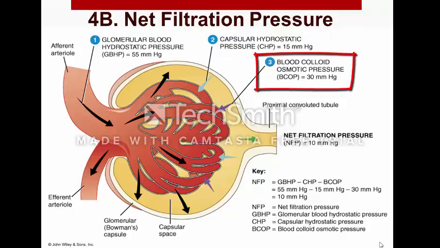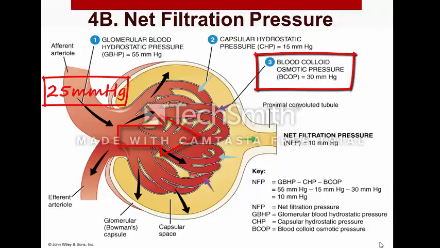Blood colloid osmotic pressure is the back pressure created by the presence of proteins, for example albumin, globulins and fibrinogen, that cannot pass through the endothelial capsule membrane. As the blood enters the glomerulus, this pressure is about 25 millimeters of mercury, but as it passes through the glomerulus, fluid, solutes, and small to medium-sized proteins pass into the capsular space.